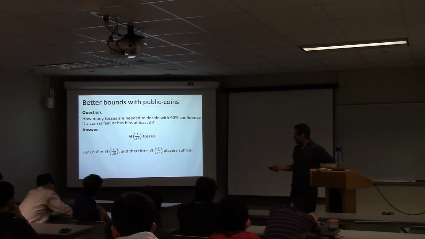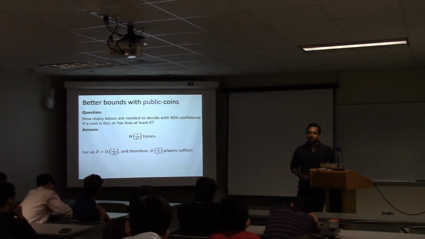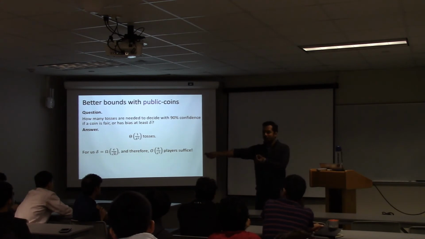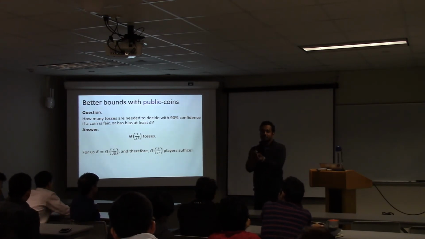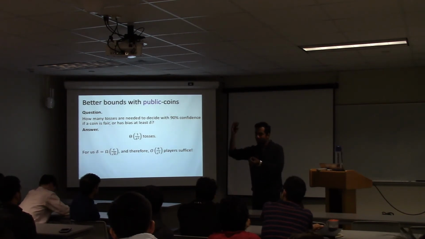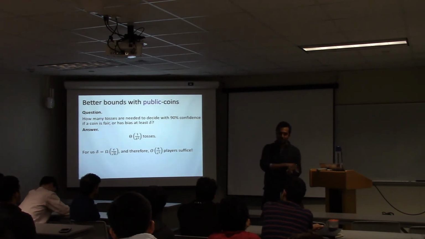Now we are going to use delta to be epsilon over root k. What we showed is that messages coming from these individual players are at least epsilon over root k away from being fair. Okay? They're at least 1/2 plus epsilon over 2 root k, or at most 1/2 minus epsilon over 2 root k.